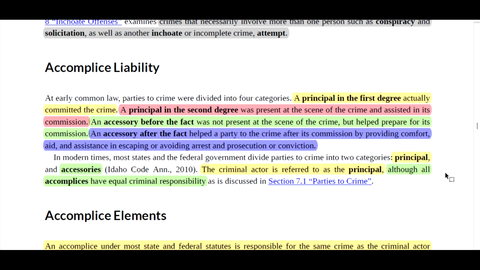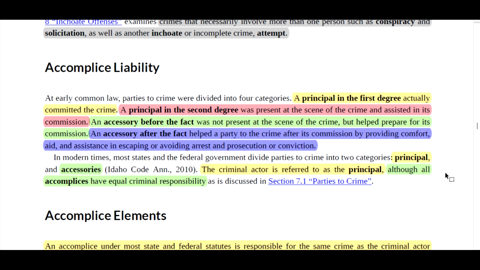You didn't necessarily help before, but you helped in some way after its commission, whether that's providing safety, comfort, assistance, escaping, avoiding, or bandaging up someone who was shot. You're helping after the fact to avoid consequences. That would be an accessory after the fact.